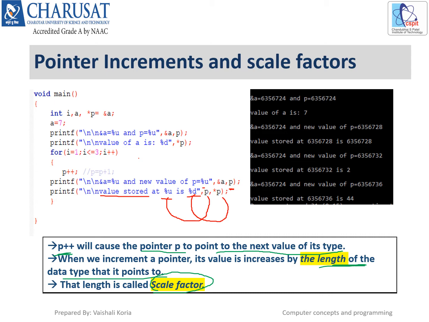So we'll see the output. The value stored at 6356728 is this. So this is some arbitrary value. It has no relation with A, because the address of A is still 6356724. Now after P plus plus, the value of P is incremented.